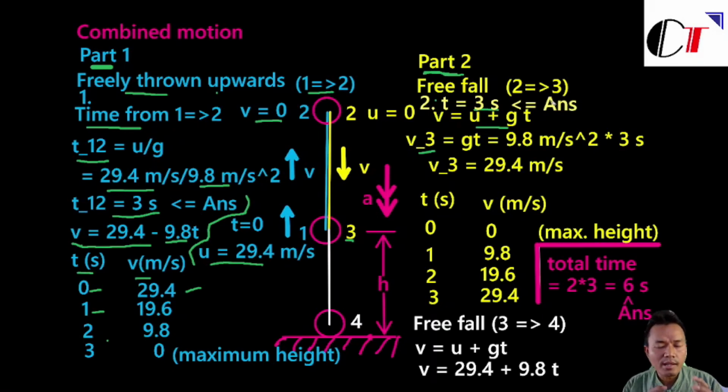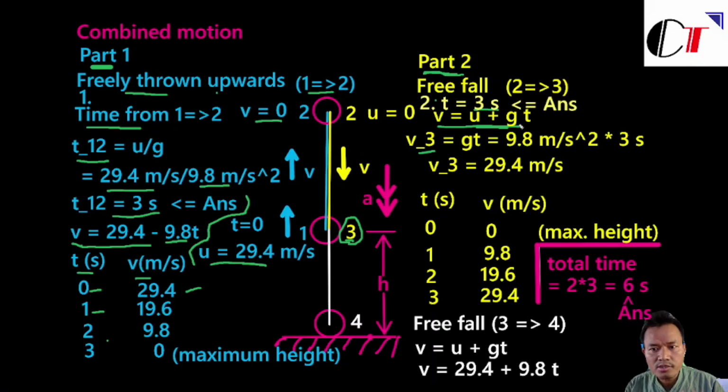But let's look a little bit farther than that. You want to find out the final speed when it reaches position 3. And of course, theoretically, you know in advance this will be equal to the speed at the initial release. But anyway, let's do it here. So v is equal to u plus gt. At position 2, the initial speed is just 0 because it's maximum height.